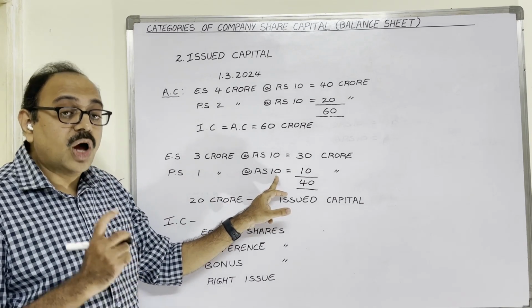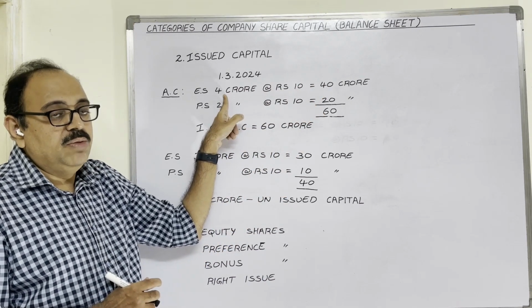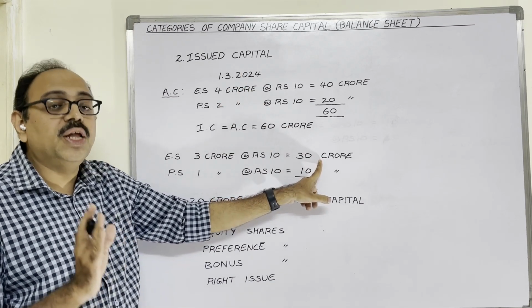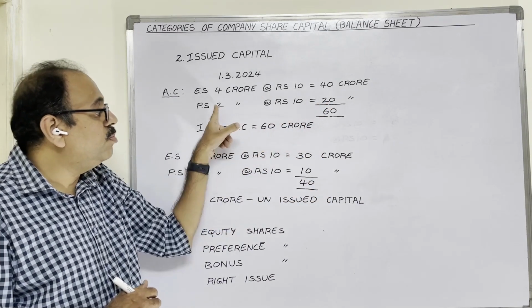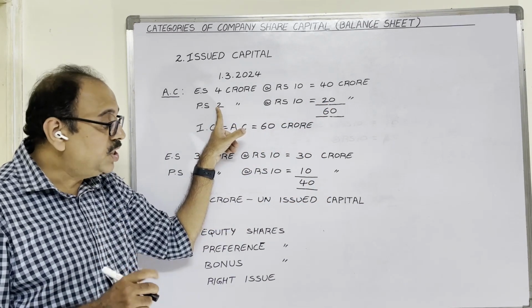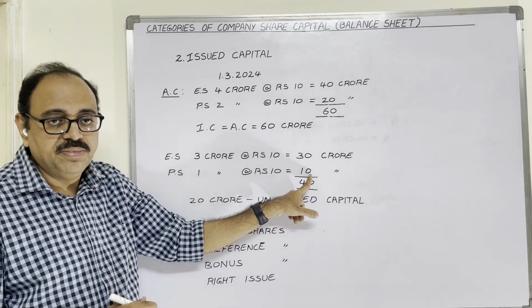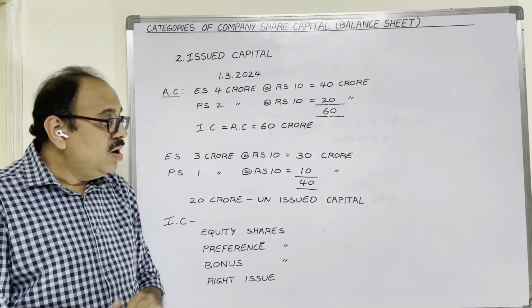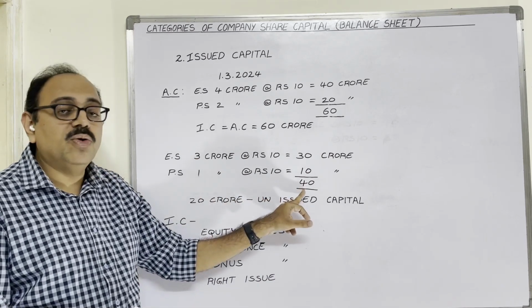So the company is authorized to issue 40 crore worth of equity shares, but after incorporation, it wants to issue only 30 crore. Similarly, out of the 20 crore preference shares, it wants to collect only 10 crore. Here, issued capital and authorized capital are not the same. Authorized capital is 60 crore, but issued capital is 40 crore.